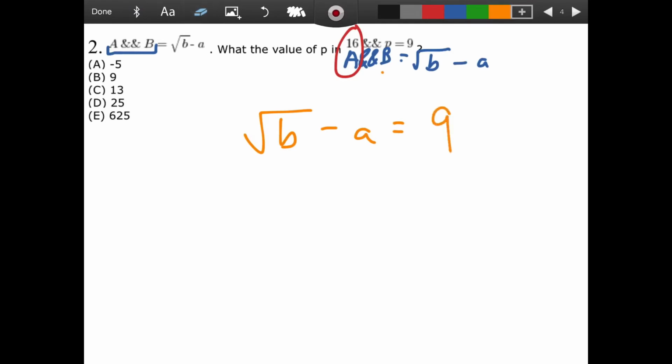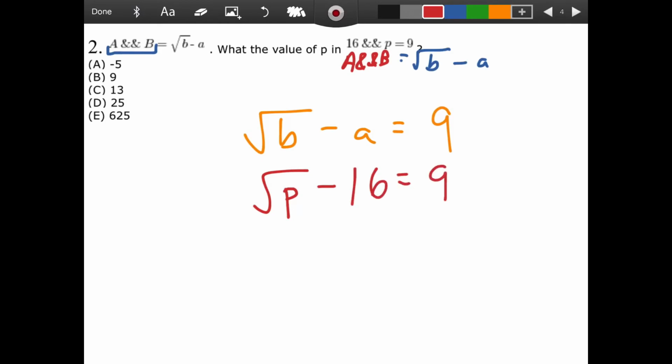Let me erase this just so we could see it a little bit. So again, we said this is a and this is b. So if we plug in for b, that corresponds with p. So we're going to have the square root of p minus a, which is going to be 16, equals 9.